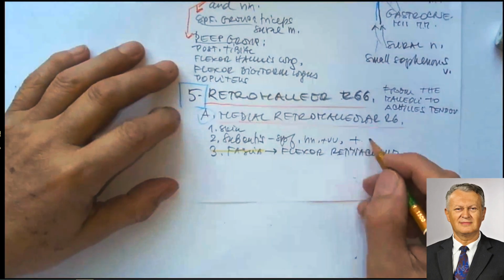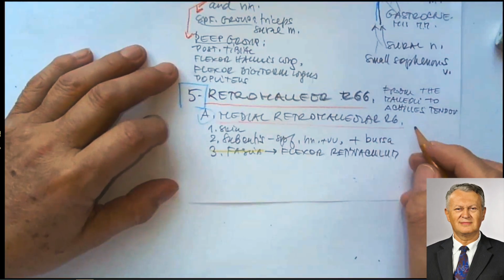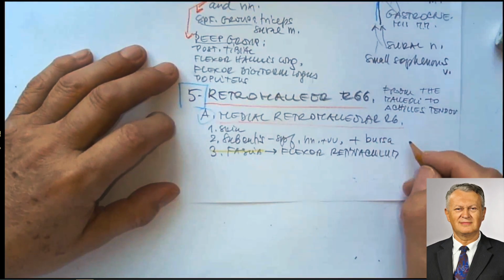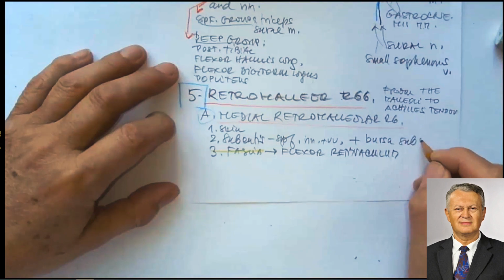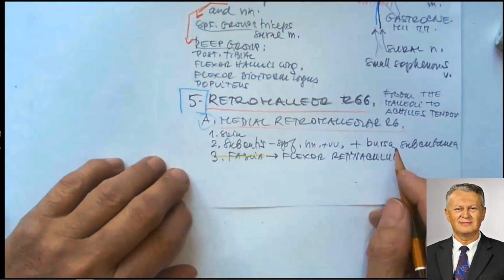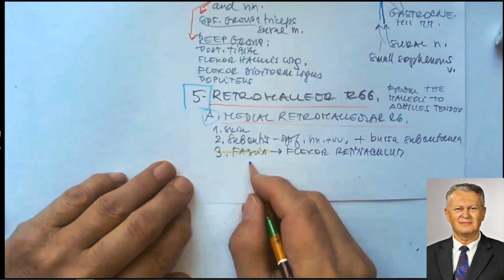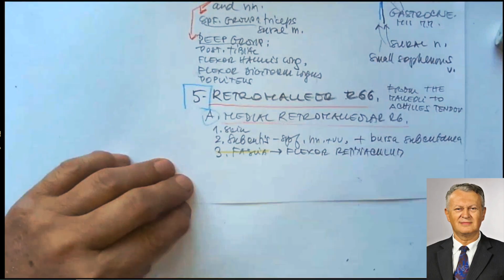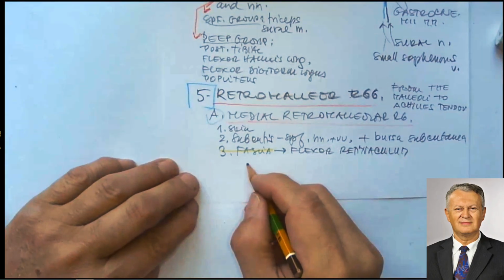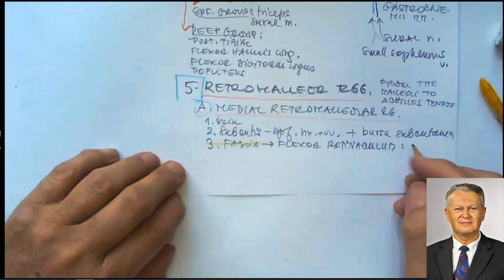In subcutis also plus bursa subcutanea. Yes, fascia, flexor retinaculum. Under the retinaculum run the structures. We will use the numbers, and then in the sketch just without names.